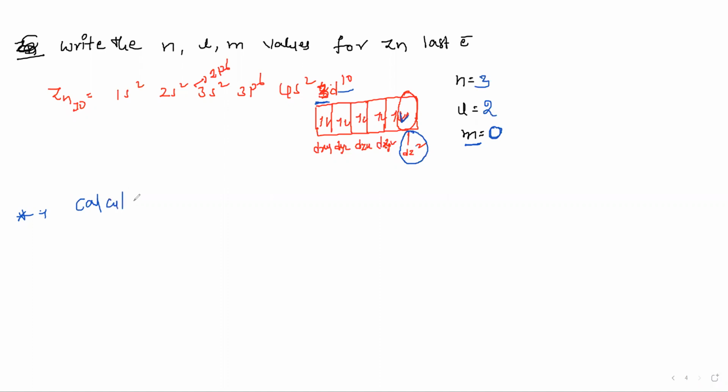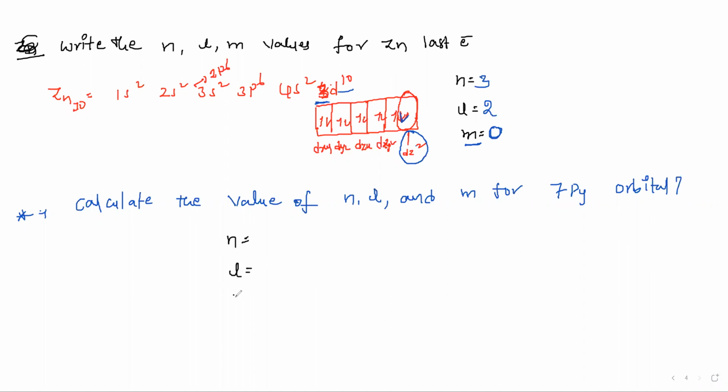Calculate the value of N, L and M for the 7py orbital. 7py means, what is the N value and L value and M value?